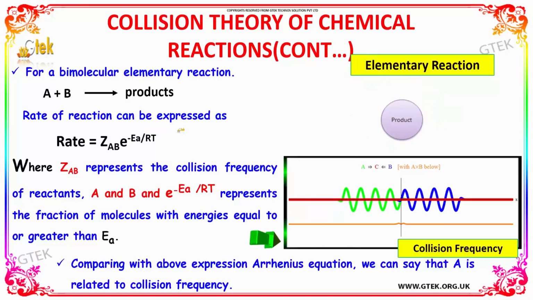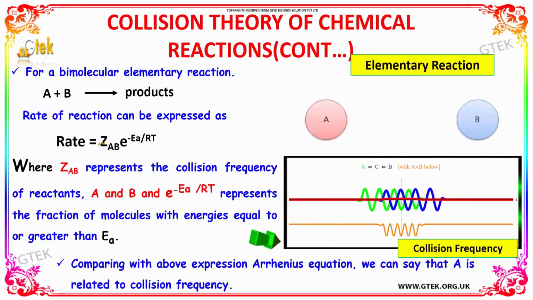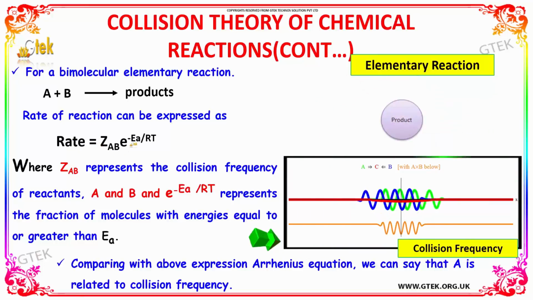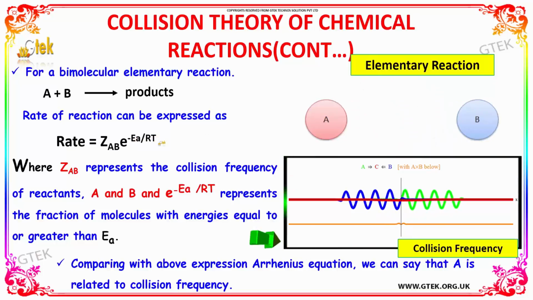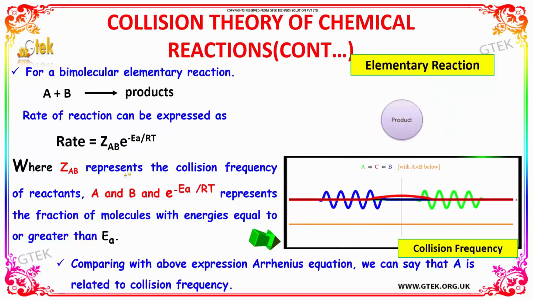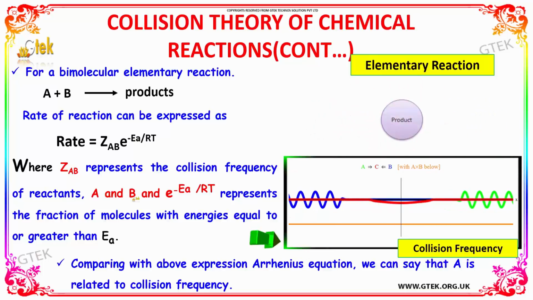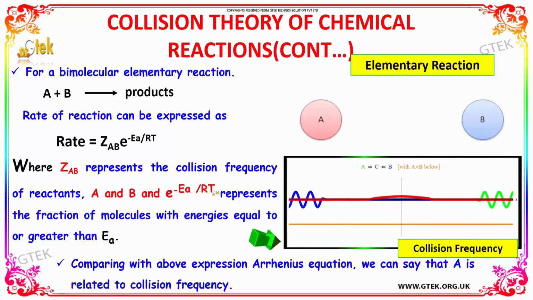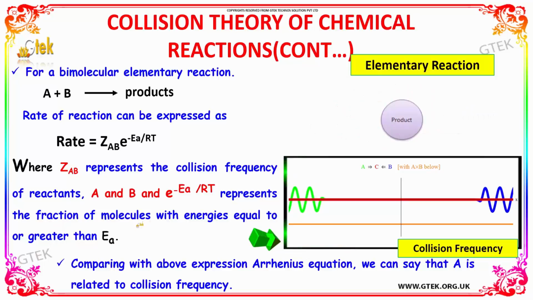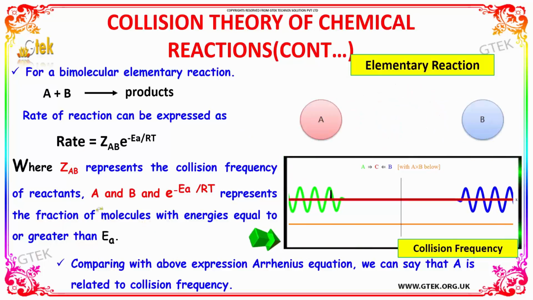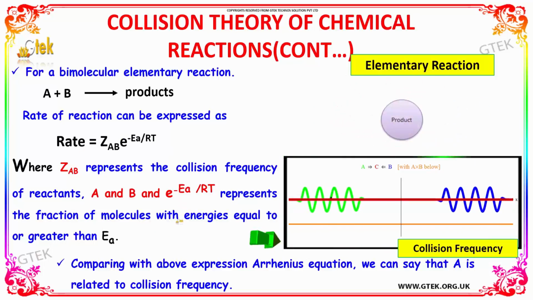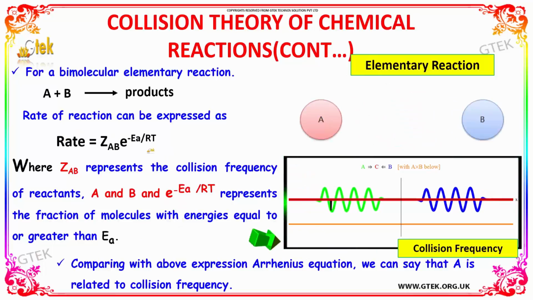The rate of the reaction can be expressed as rate equals Z_AB e power minus Ea divided by RT, where Z_AB represents the collision frequency of reactants A and B, and e power minus Ea by RT represents the fraction of molecules with energies equal to or greater than Ea. Comparing the above expression with the Arrhenius equation, we can say that A is related to collision frequency.